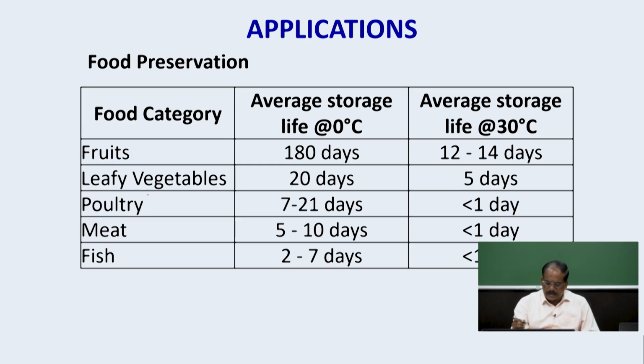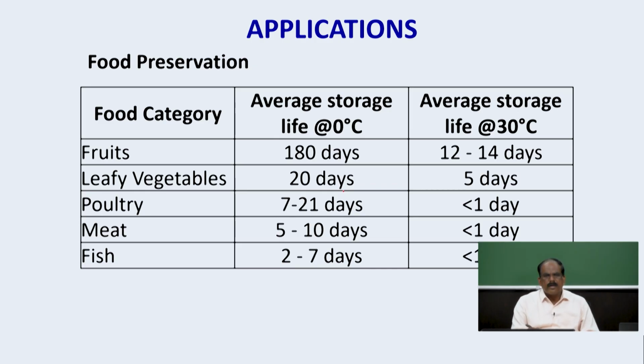If you take leafy vegetables, the average storage life is normally a week at maximum, about 4 to 5 days at 30 degrees centigrade. At 0 degrees centigrade, it comes to 20 days. It's about 4 times. Poultry, normally we cannot even store it for a day. It gets spoiled.